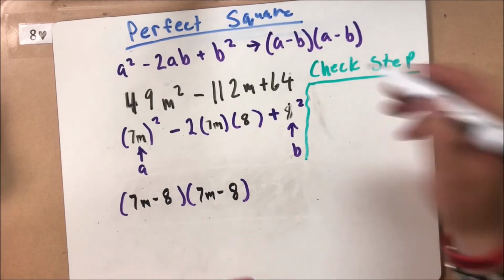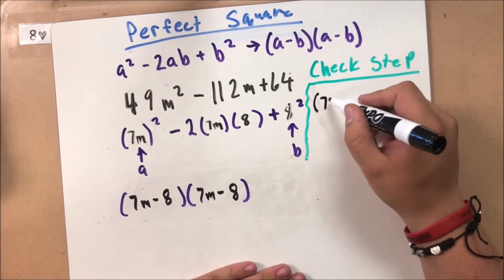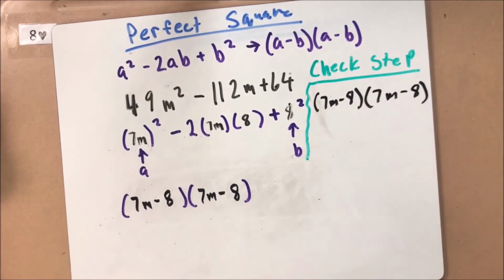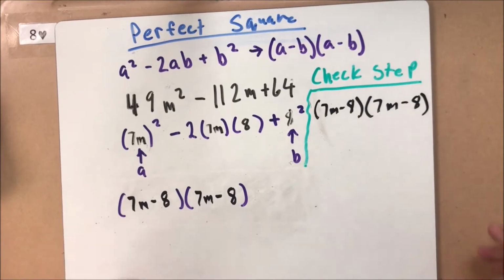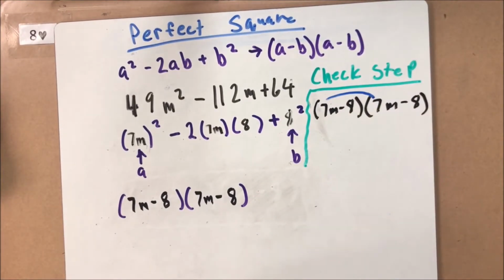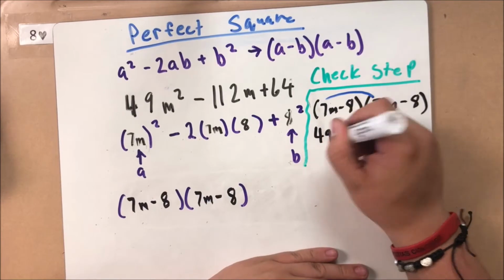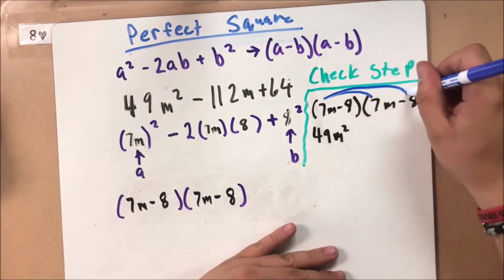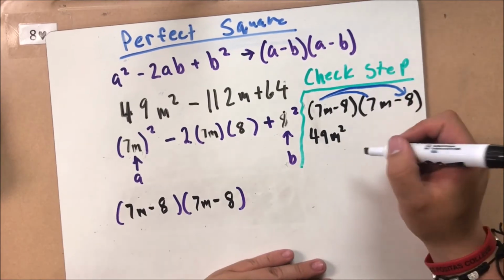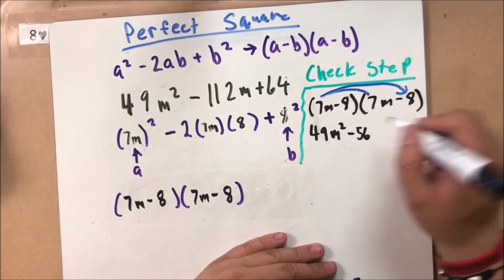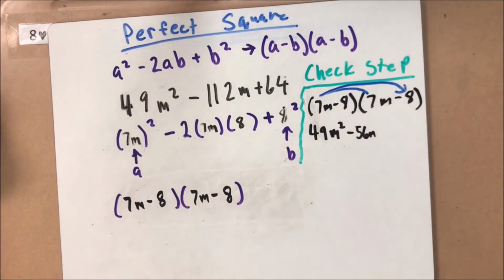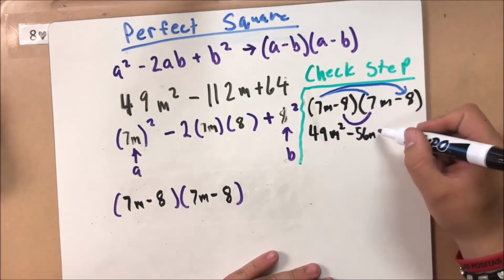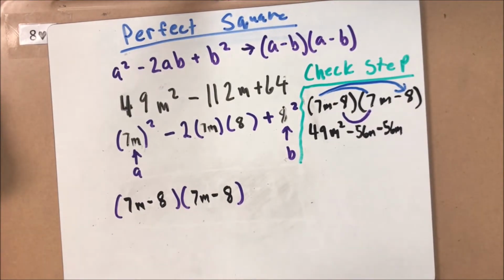To check if we got everything right, we write our answer again and multiply the parentheses. So you would multiply 7m by 7m, which is 49m squared, and then 7m times negative 8, which is negative 56m. Then you're going to do the same thing with negative 8. So negative 8 times 7m is negative 56m.